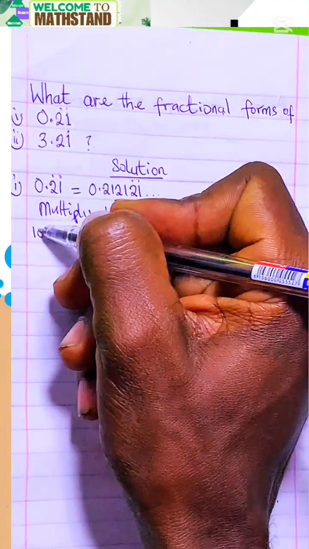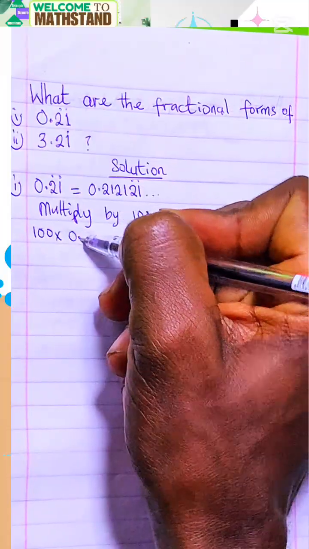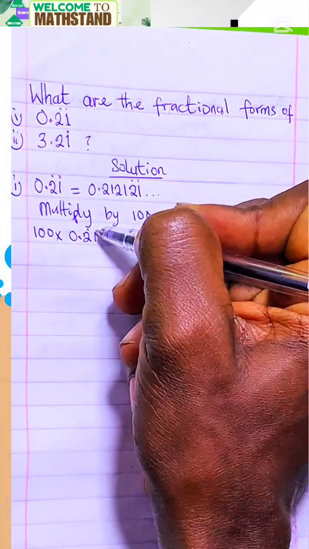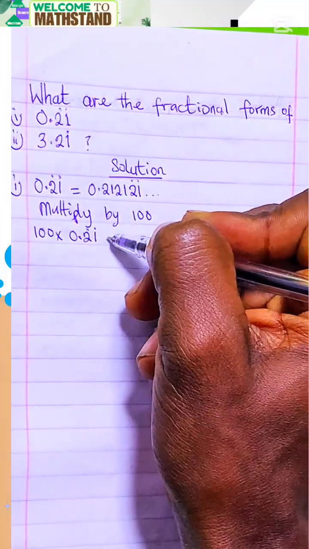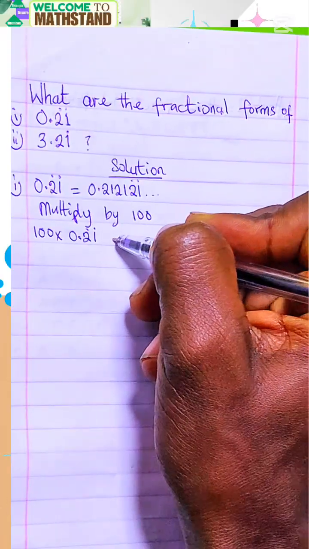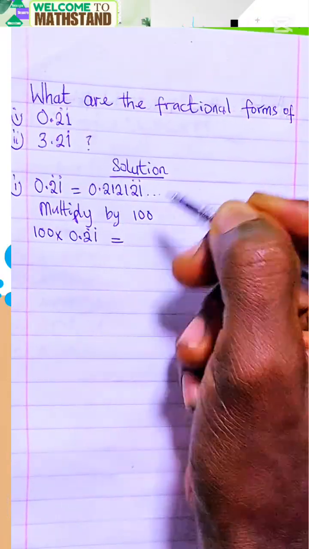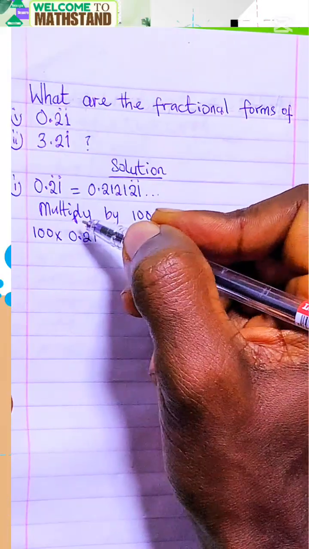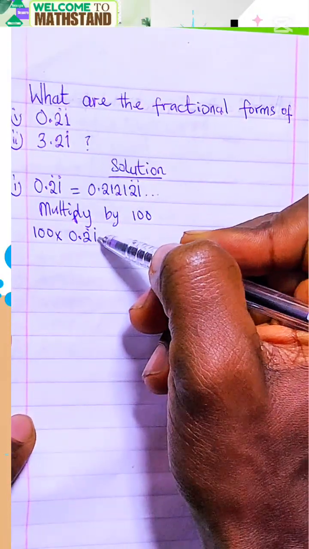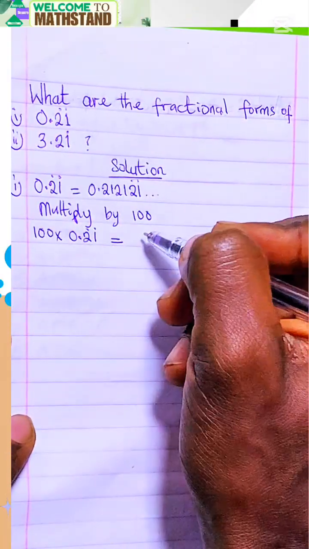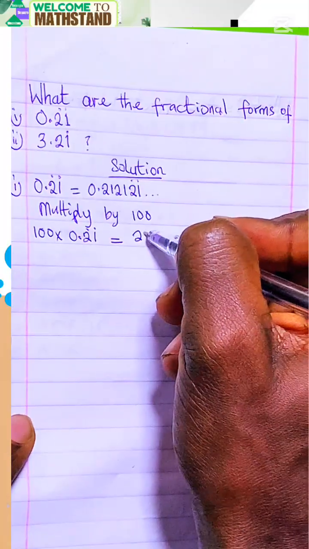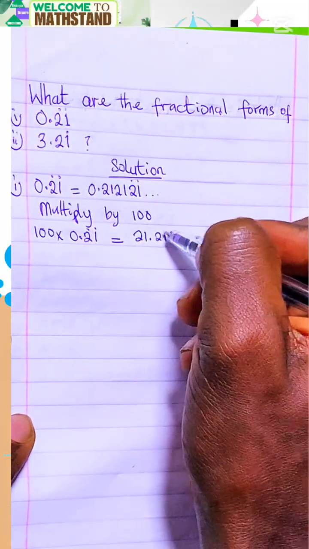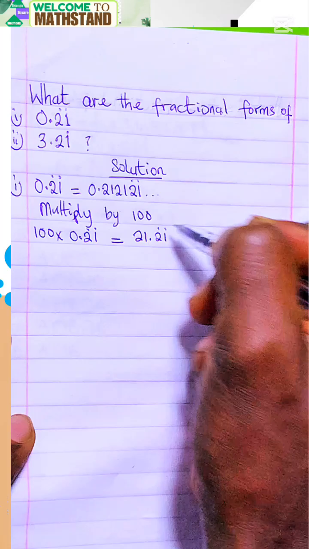So from there we have 100 times 0.21. You need to bring back the dots, because that lets us know what is actually repeating. So 100 times 0.21 with the decimal there will give us 21.21 with the dots.